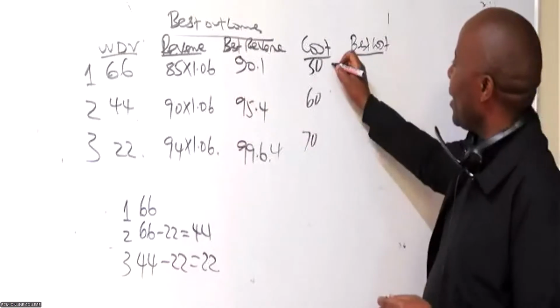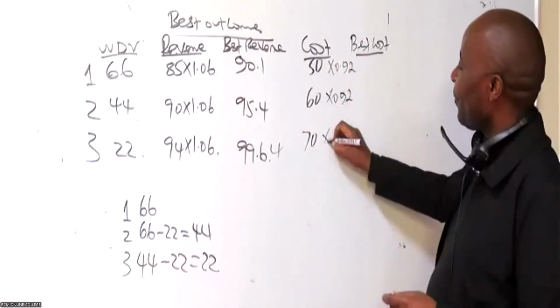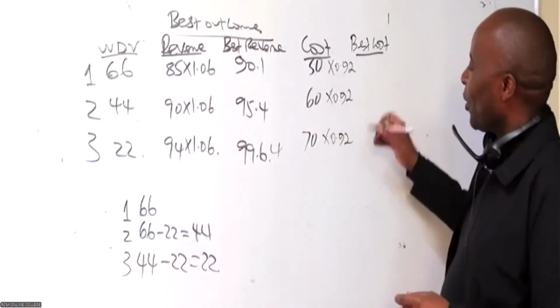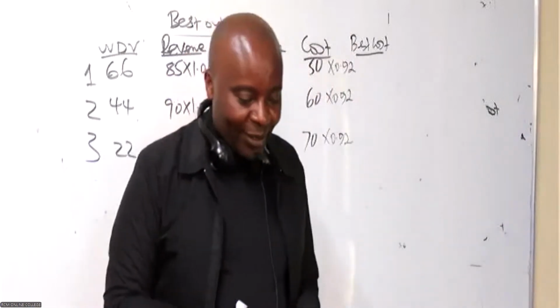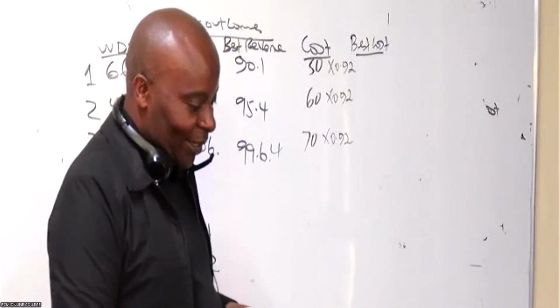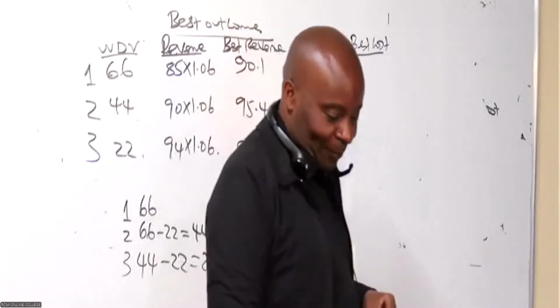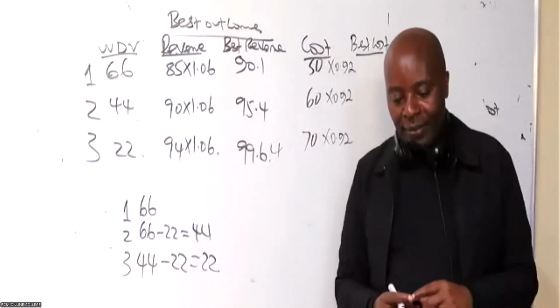A ninja has been able to tell me to multiply by 0.92 throughout, because 100% minus 8% is 92%. Why by 10, Christine? It's 8%. It can vary by 8%. So the best cost will be lower by 8%.